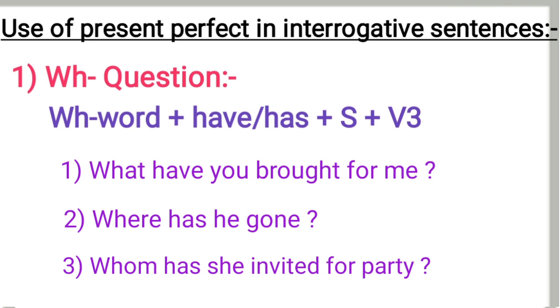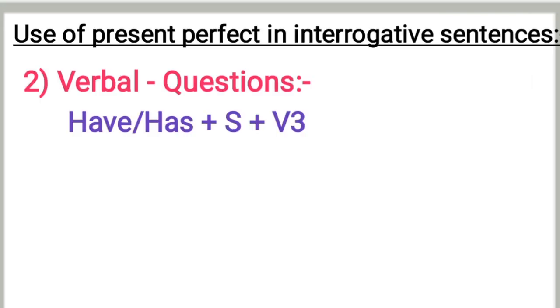Now let's see how to use present perfect tense in verbal questions. I have already cleared that verbal questions are also called yes no type questions, and these questions always start with helping verbs. And now you all know very well that we are using have or has helping verbs in present perfect tense.